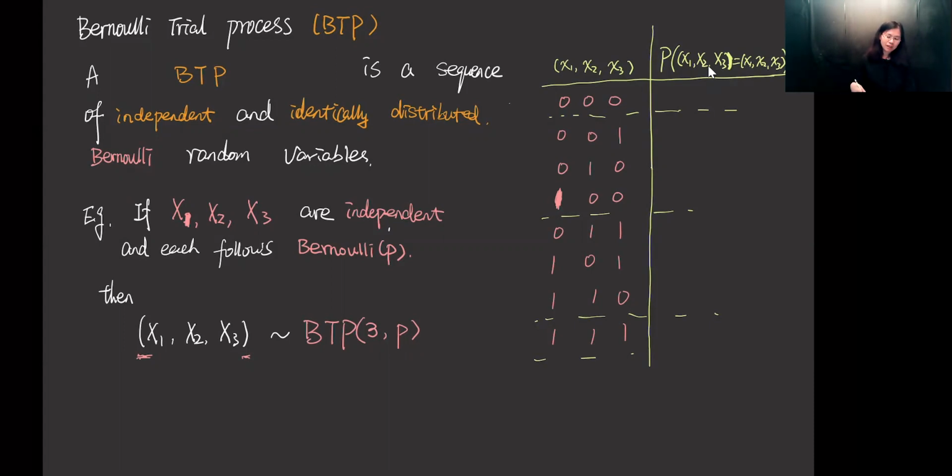And x3 equals 1 if we toss the same coin the third time and get a head up in the third time. Then x1, x2, x3 is the outcome from all 3 trials of tossing the same coin, a realization of the Bernoulli trial process.